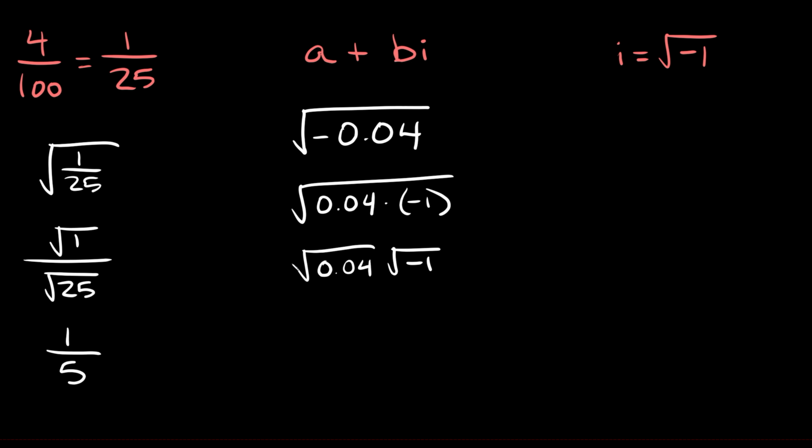So that means the square root of 0.04 is equal to 1/5, or if you wanted to turn that into a decimal, that's the same thing as 0.2. And then here, again, we're multiplying times the square root of -1, which again is i. So here we simply get 1/5 i, or we could also write this as i over 5.